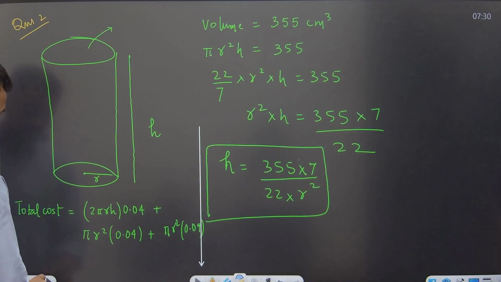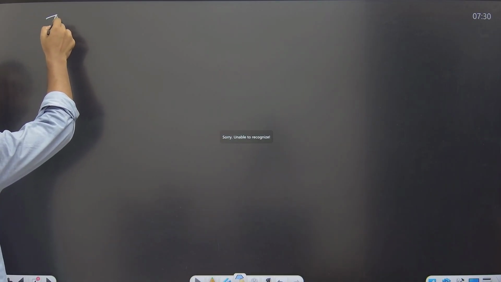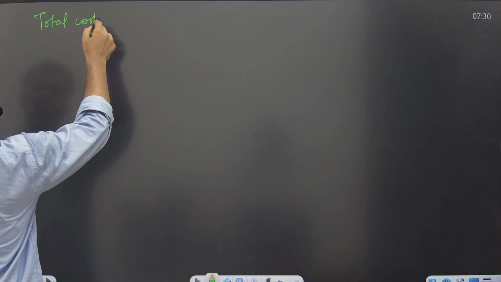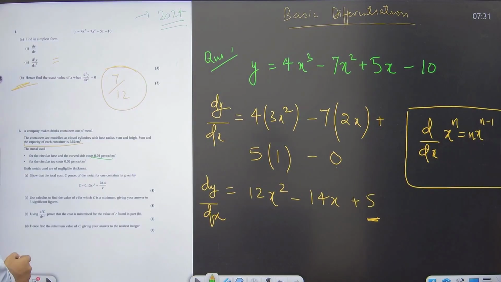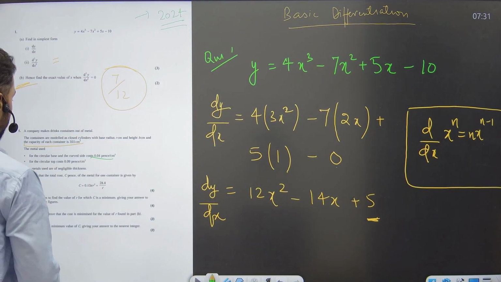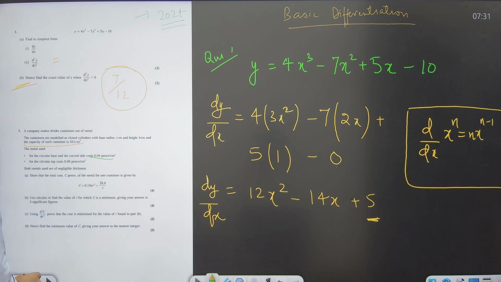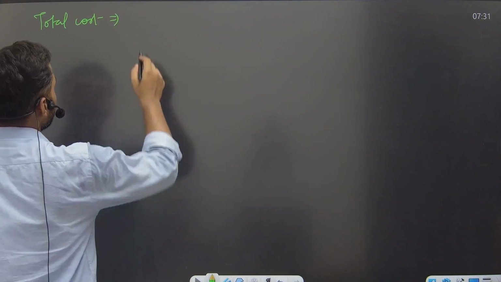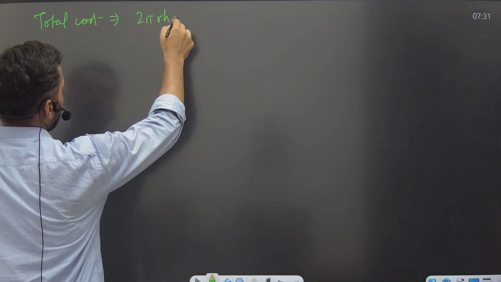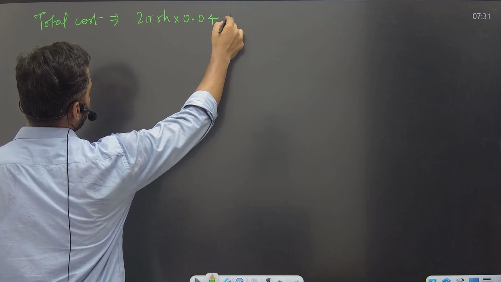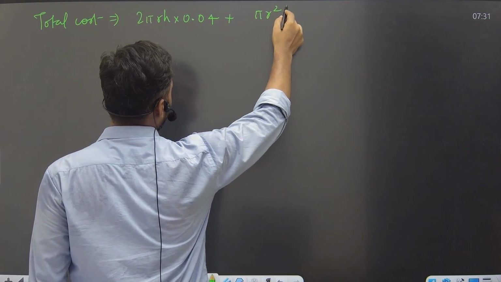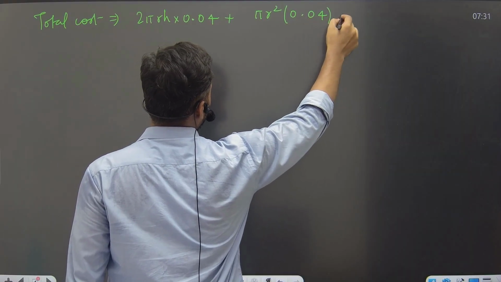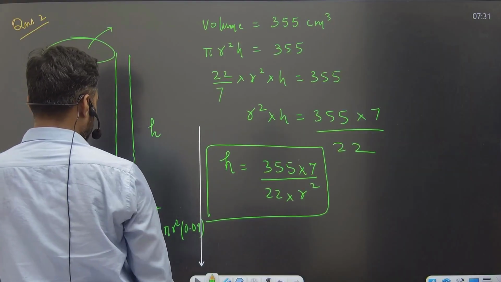So again I will write this. Total cost will be equal to 2 pi r h into 0.04, plus pi r square into 0.04, plus pi r square into 0.09.